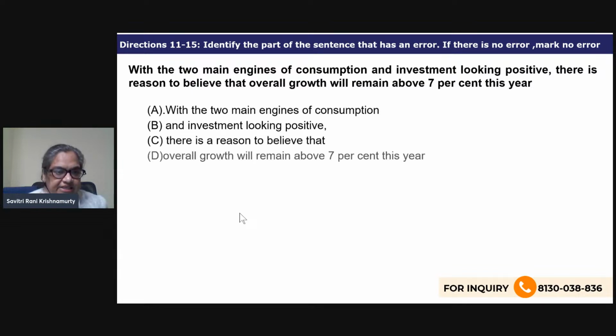Which part of this sentence is incorrect? With the two main engines of consumption and investment looking positive, there is a reason to believe that overall growth will remain above 7% this year. Which part is wrong? Which of these options is incorrect?